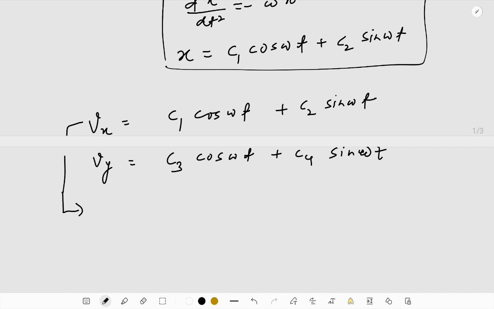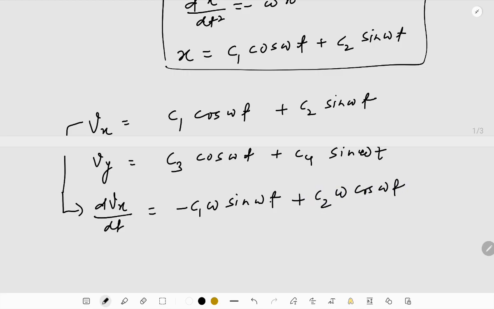So we need one more equation, and to get it I'm going to differentiate it, so that vx becomes dvx by dt, and this becomes minus c1 omega sin omega t plus c2 omega cos omega t. These are my two equations, and I can get c1 and c2 simply by putting the initial conditions.